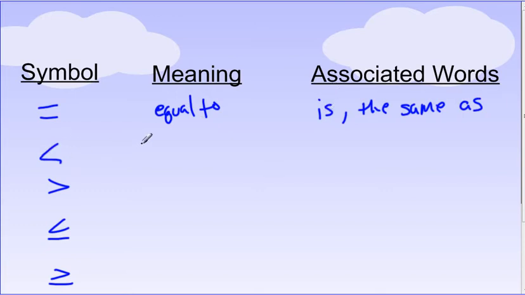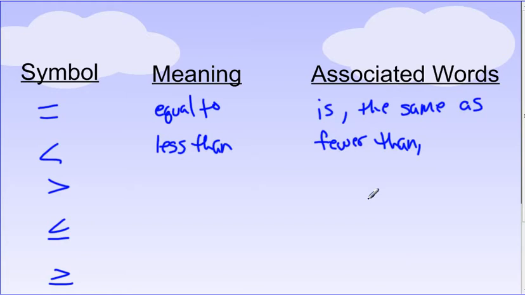This is a less than, and we can use the phrase fewer than. You could also use less than. So if it says John has fewer than 5 apples, then you'd use a less than symbol for the number of apples he has.